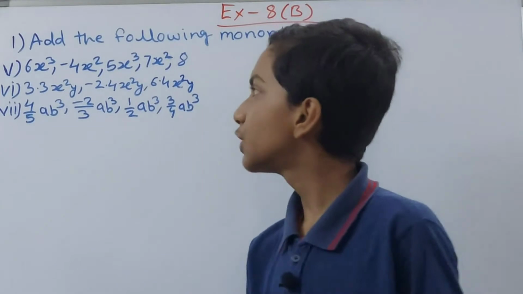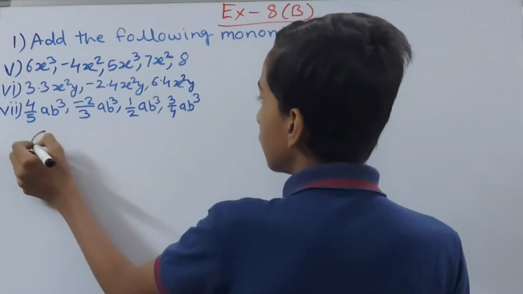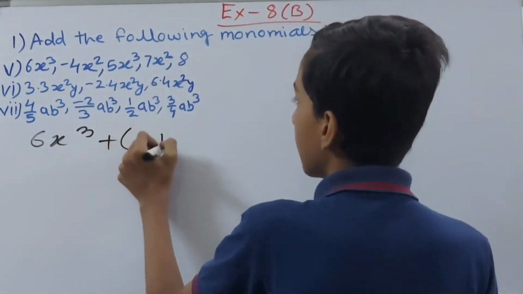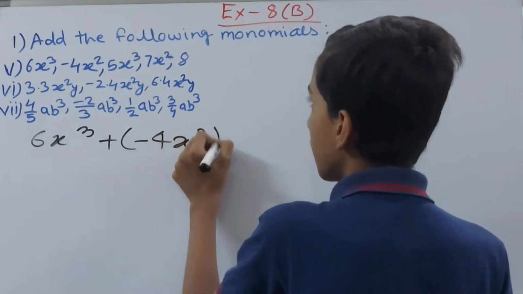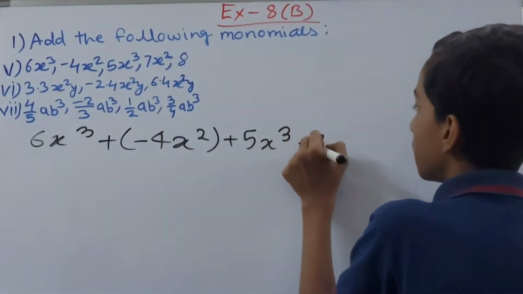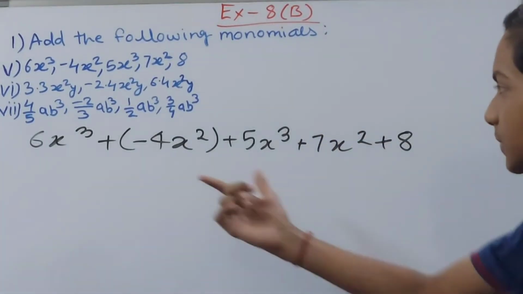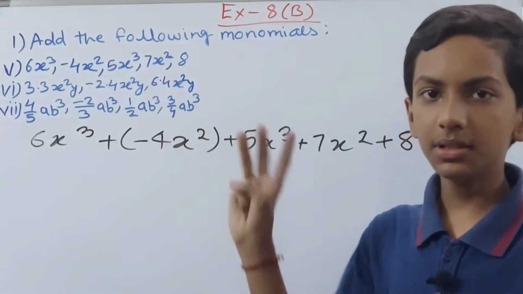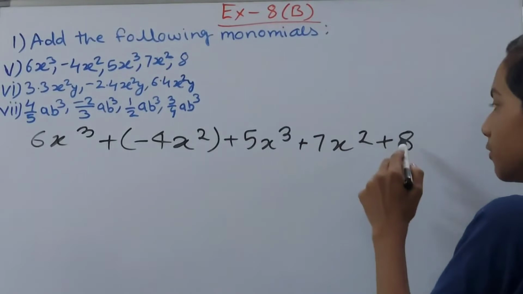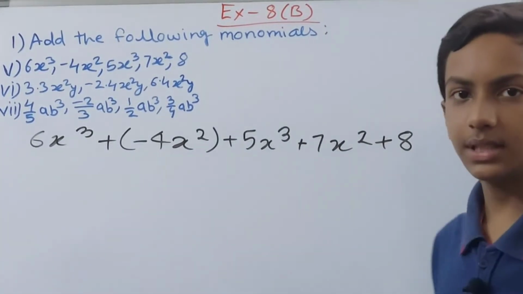Now this is 6x cube plus, in brackets, minus 4x square plus 5x cube plus 7x square plus 8. You can see we have terms with x cube, terms with x square, and just one term with no variable, that is 8.